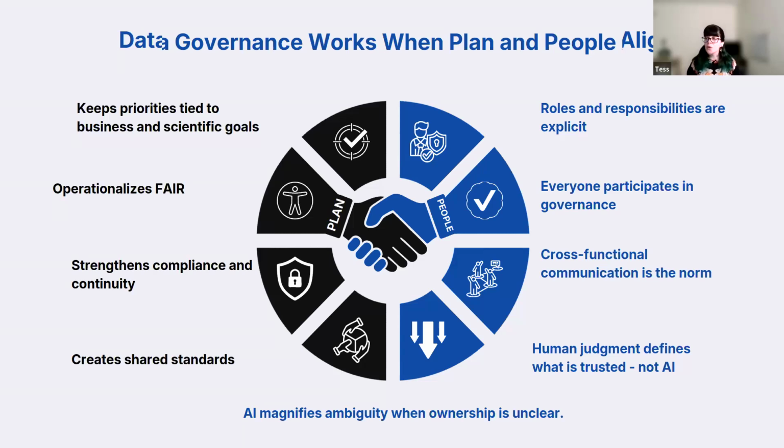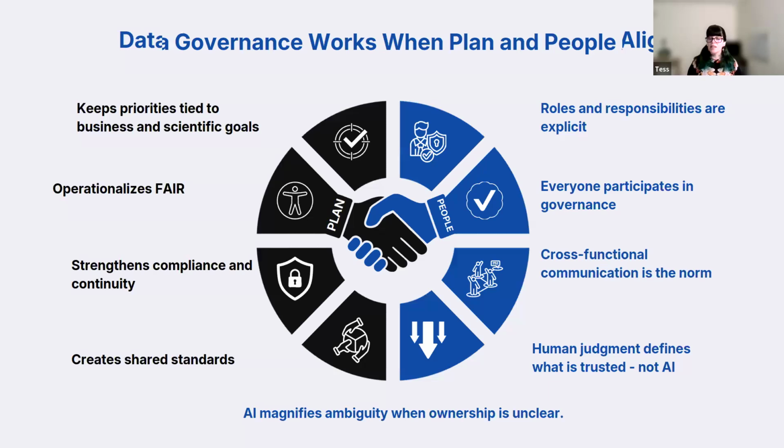People need to understand who they go to for different issues, how they work with the different groups or different people within the organization. And I think an important thing about data governance on the people side is it's cross-functional. It involves everybody at some level, but you can create a cross-functional data governance group, which we can talk about in a little bit.